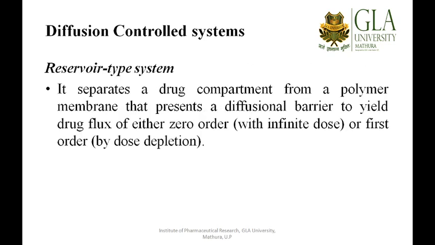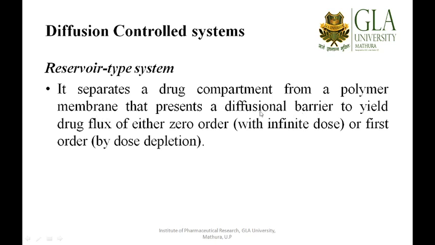Okay. So let us first discuss what the reservoir type of system is. In this system, we are basically separating a drug compartment with the help of a polymer membrane, which is a diffusional barrier. So we are basically enclosing the drug in a polymeric membrane, and this membrane is working as a diffusional barrier.